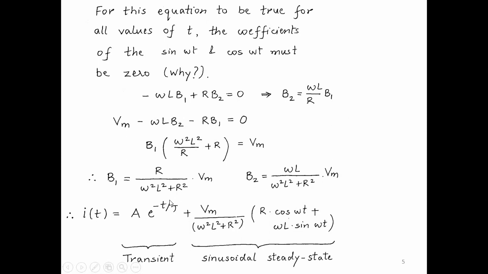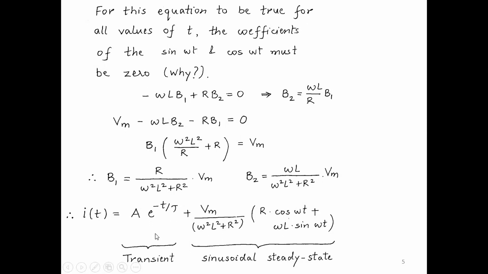One will be an exponential function, the other will be sinusoidal. The exponential is the natural response that any RL circuit or any circuit with RLC has, and the sinusoid is caused by the fact that we've applied a sinusoidal voltage source to the circuit.